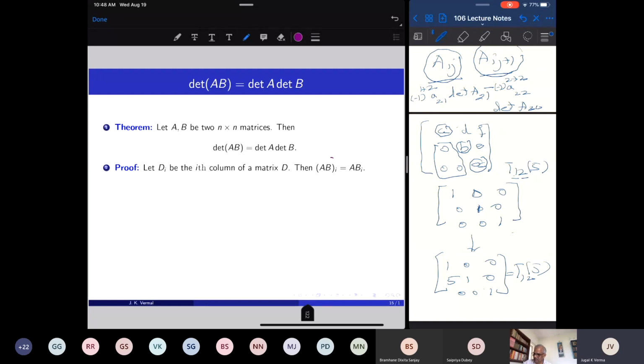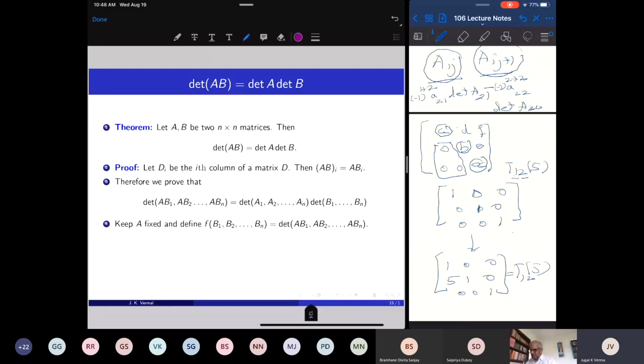So AB is nothing but the matrix whose column vectors are AB1, AB2, ABn. And we want to show that this determinant is the determinant of A times the determinant of B.